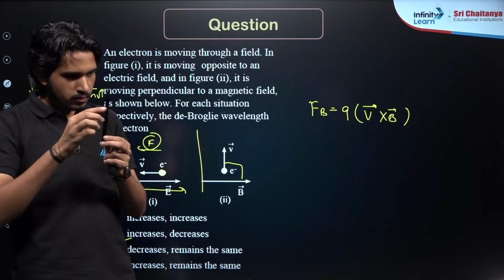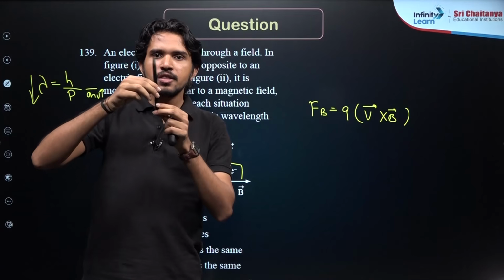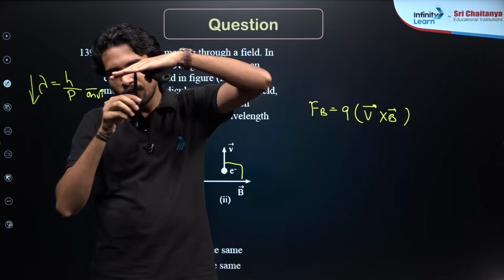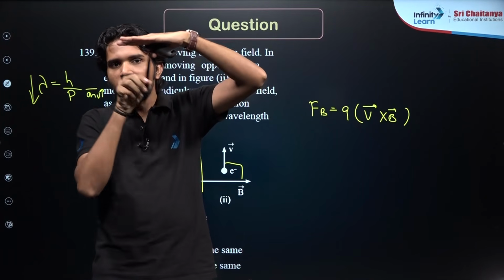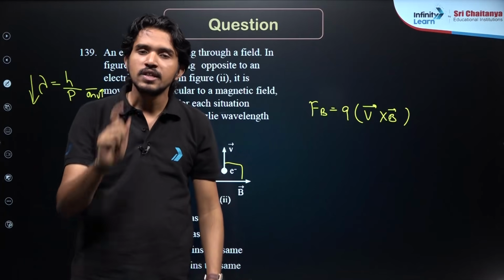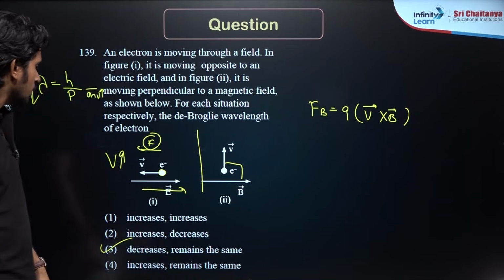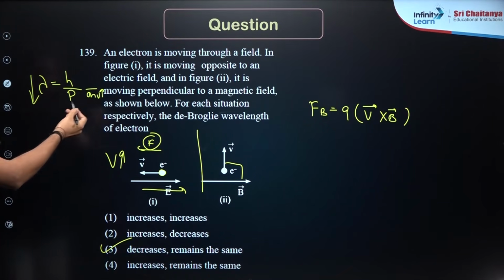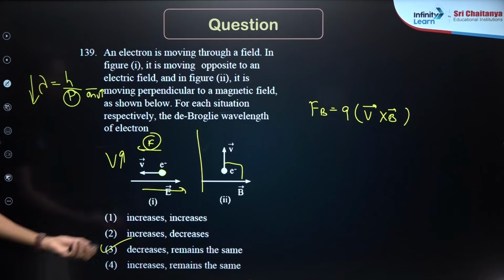If the force vector is perpendicular to the velocity vector, then we will have circular motion with the same speed. If speed is the same, then momentum will be the same, then the wavelength will be the same.